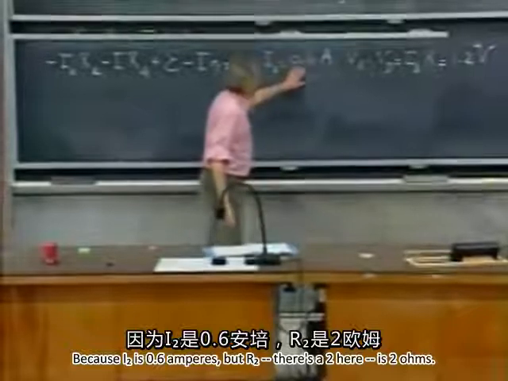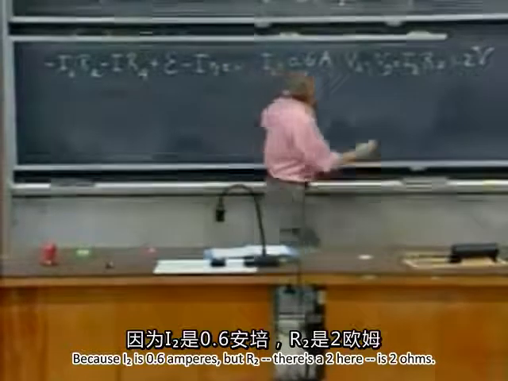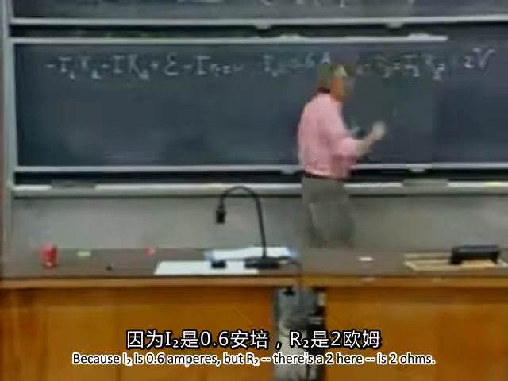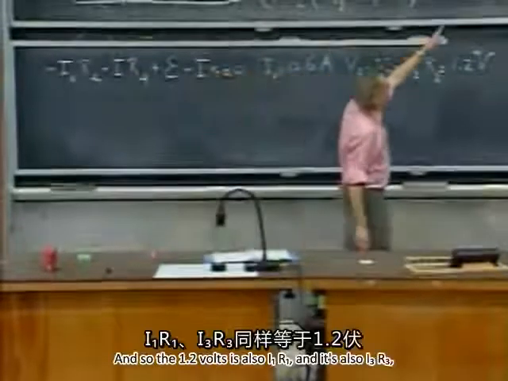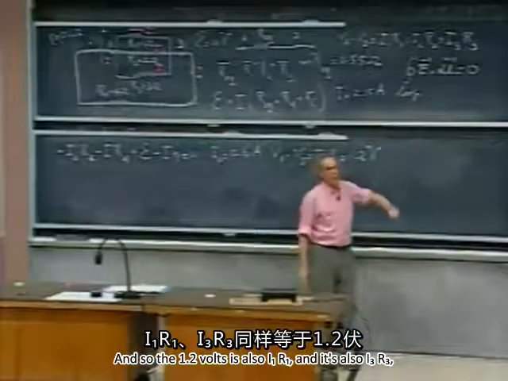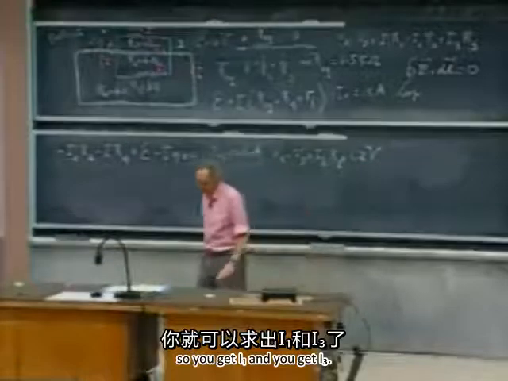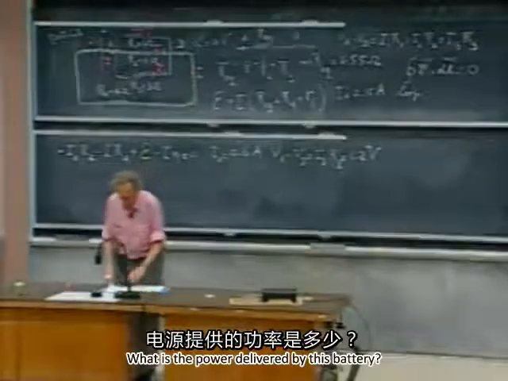Because I2 is 0.6 amperes, but R2, there's a 2 here, is 2 ohms. So it's 1.2 volts. And so the 1.2 volts is also I1 R1, and it's also I3 R3, so you get I1 and you get I3.